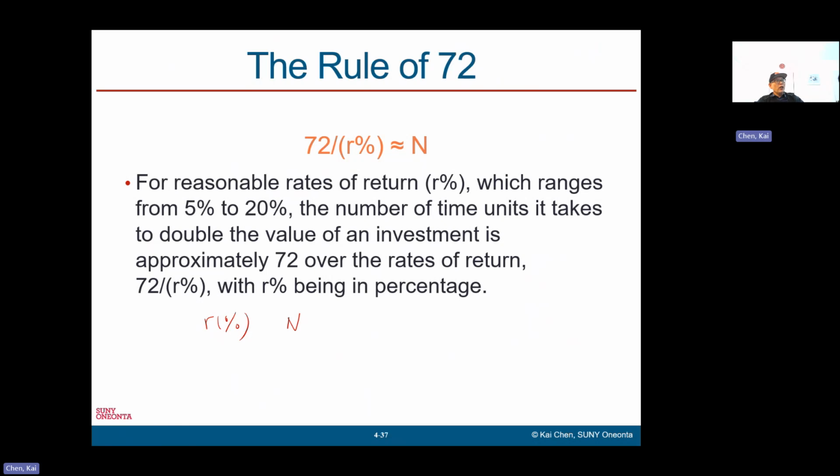If we use R to represent the rate of return, and if we use N to represent the number of time units for an investment to double in value, then the relationship between R and N would be N is approximately equal to 72 over R.